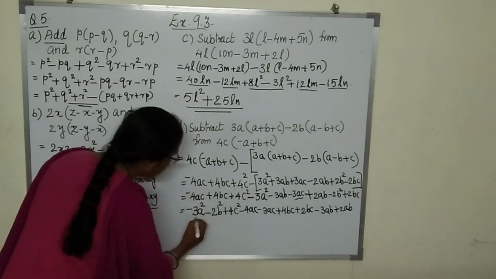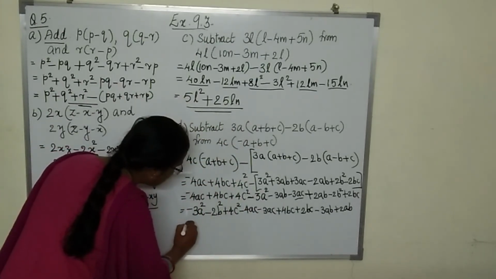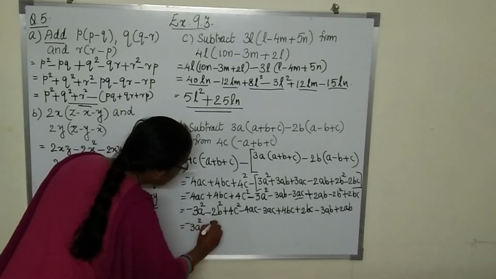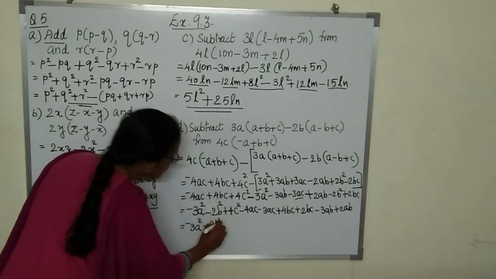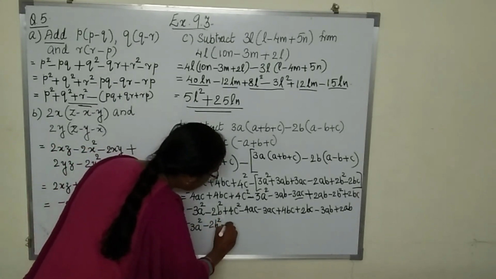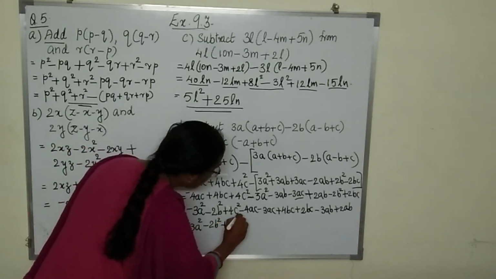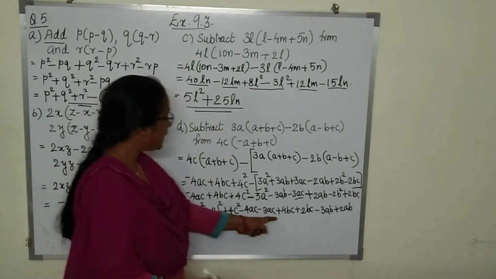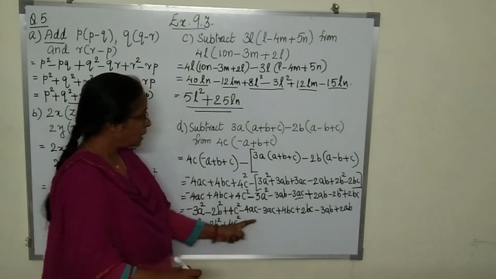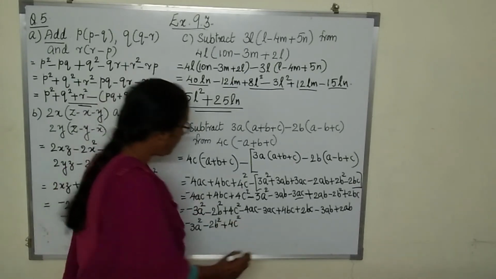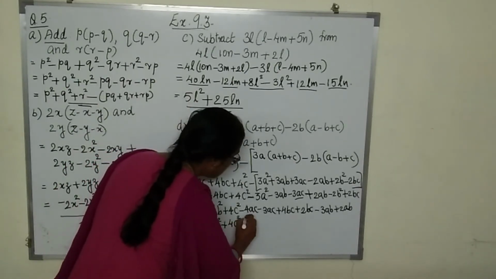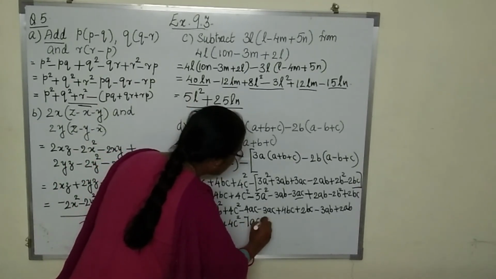These are all square terms, nothing to do, you can write them as they are: minus 3a square minus 2b square plus 4c square. Now here they are like terms. Minus 4 minus 3 will be minus 7ac.